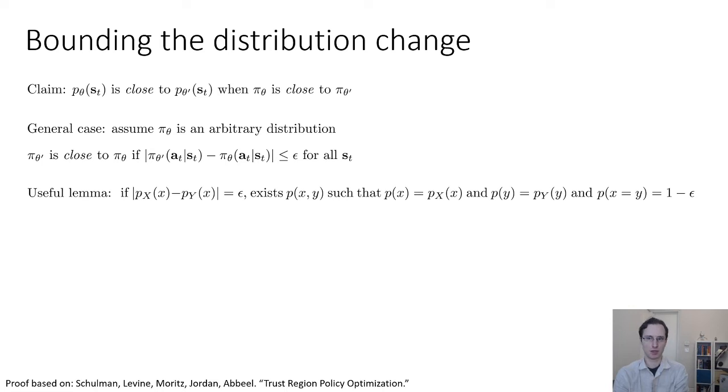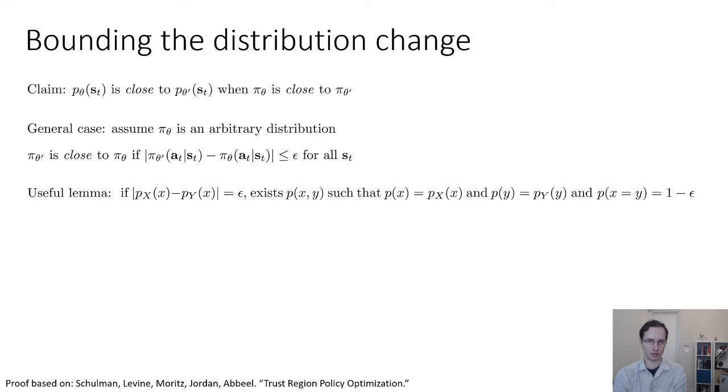So this lemma says that if you have two distributions, which I'm going to call px and py, and the total variation divergence between these two distributions, meaning the sum over all values of x of the absolute value of the difference between px of x and py of x, is equal to epsilon, then there exists a joint distribution, px comma y, so that its marginal p of x is px of x, and its marginal p of y is py of y, and the probability of x equals y is 1 minus epsilon.